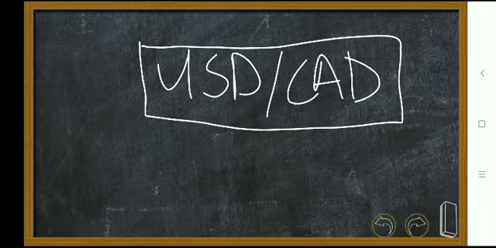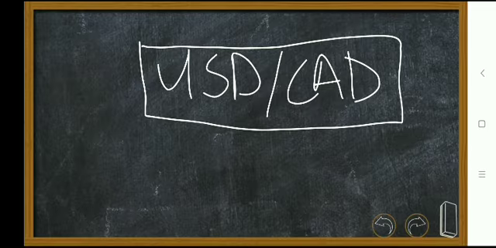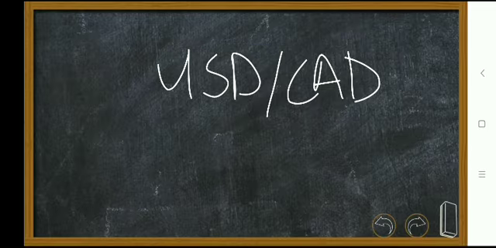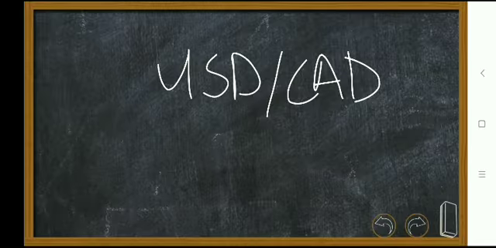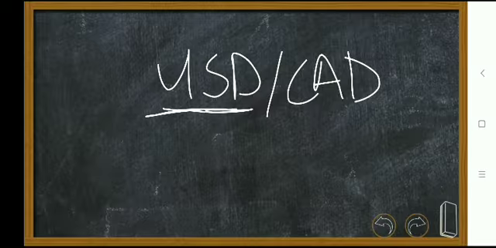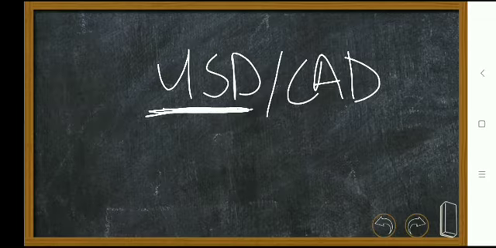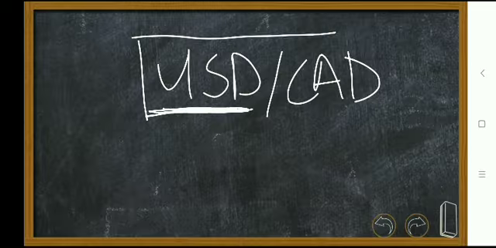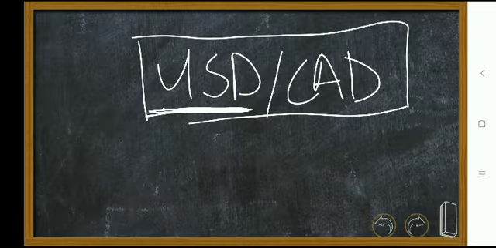We are going to buy the entire pair. Hope I'm making sense. Because USD is the base, its movement is the movement of the entire pair.